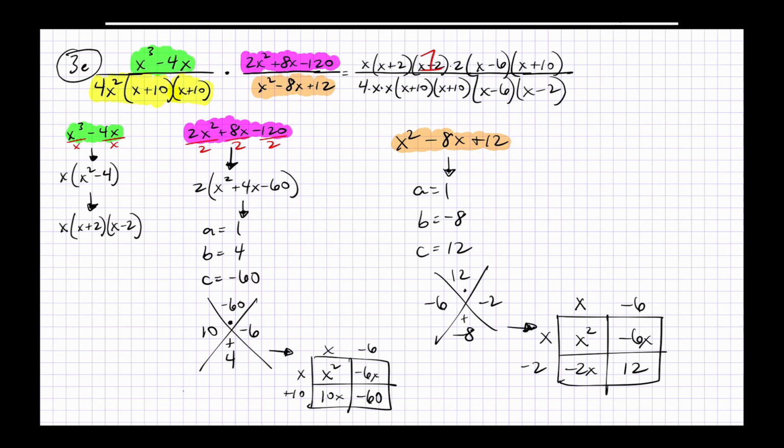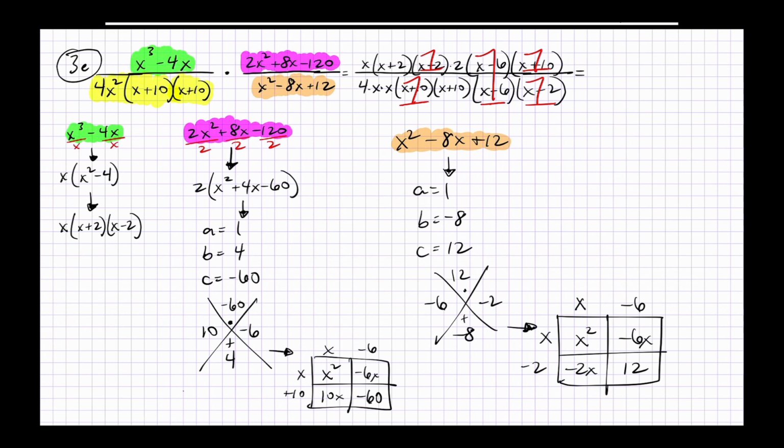X minus 2 and x minus 2, x plus 10 and x plus 10, only one of them, because I only have one on top, so I can't cancel out both. And then x minus 6. Okay. So what I have left on top is x plus 2, and 2.